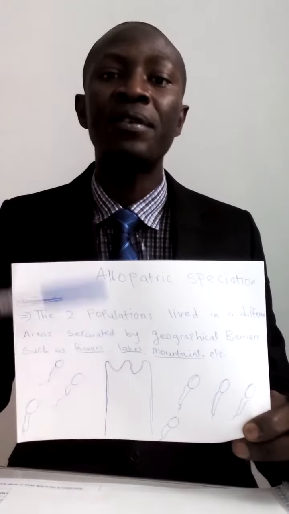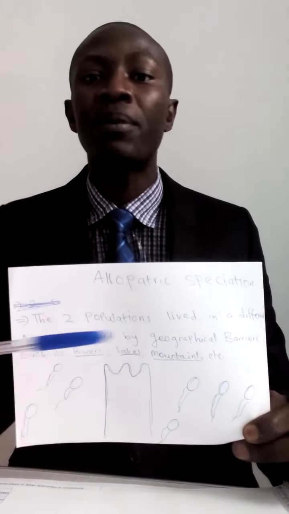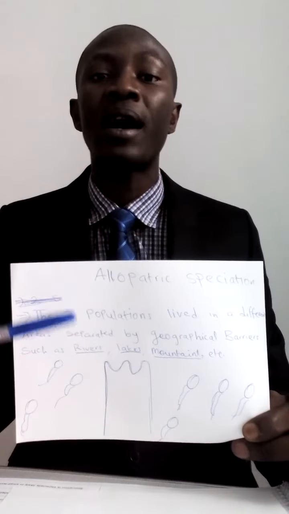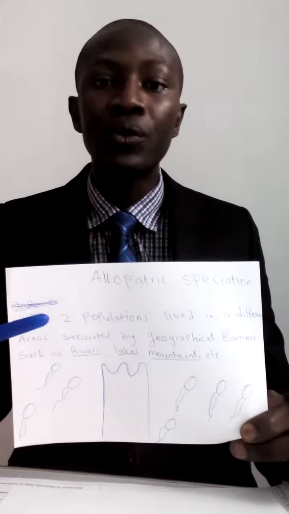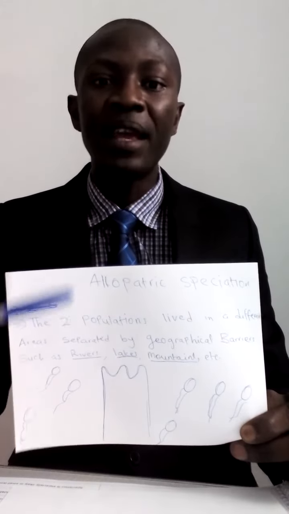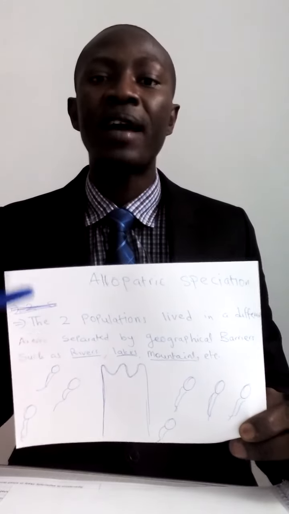If a geographical barrier separates two populations, after a long period of time they are unable to mate, or even if they mate, they don't produce a viable, fertile offspring.